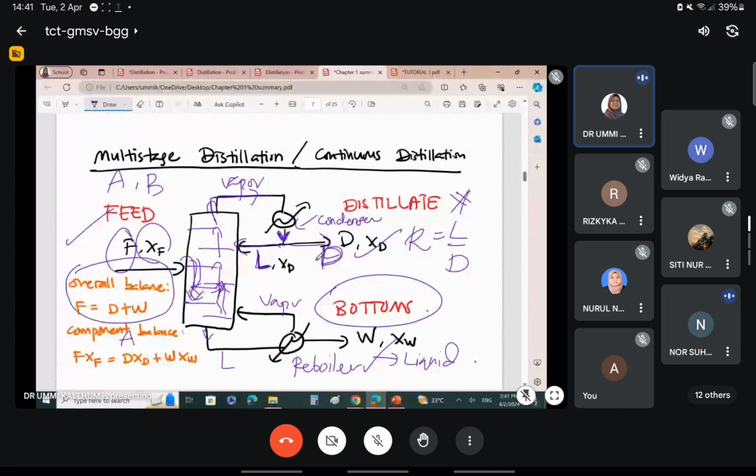Yang reboiler, dia partially vaporize. Sebab kita nak maintain the vapor flow, we have to partially vaporize yang bottoms. And then we have to maintain the liquid flow. We have to reflux back yang top column tu dekat top.